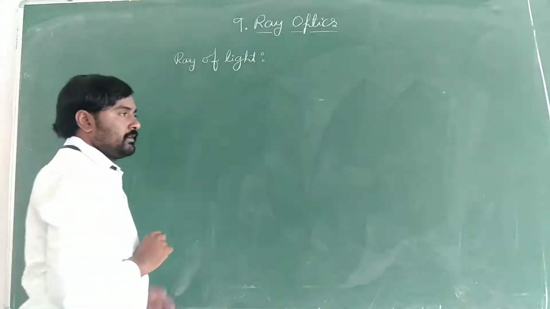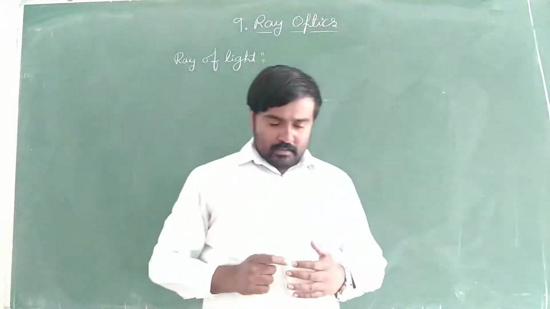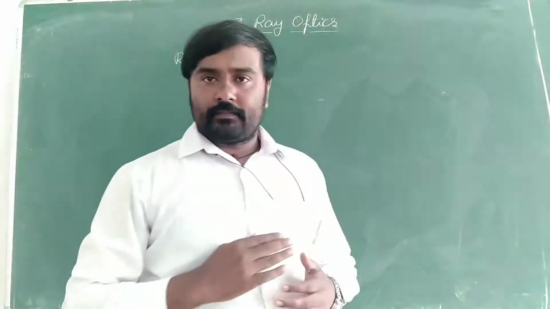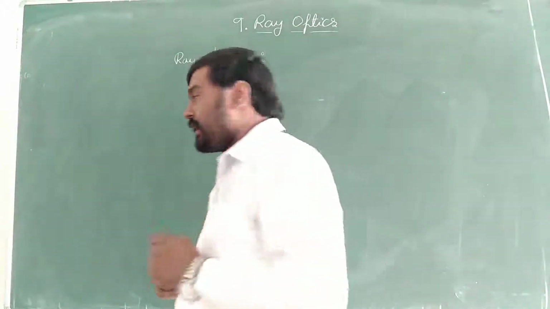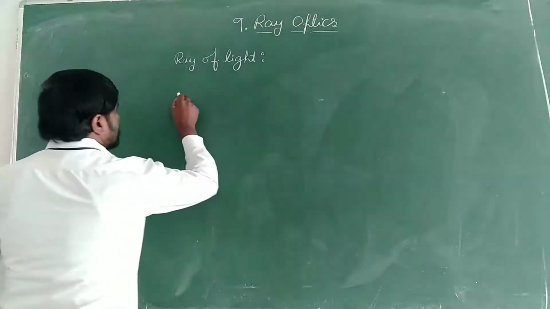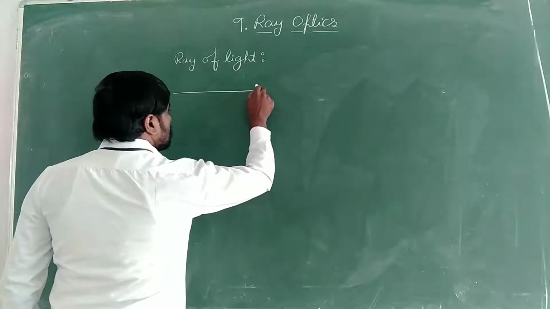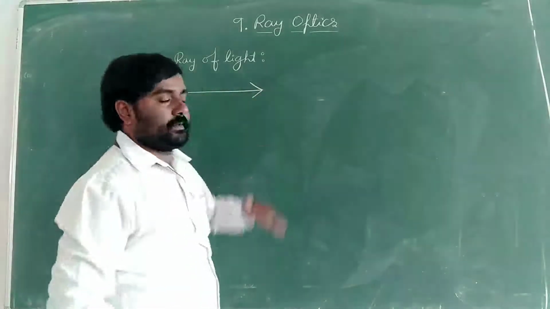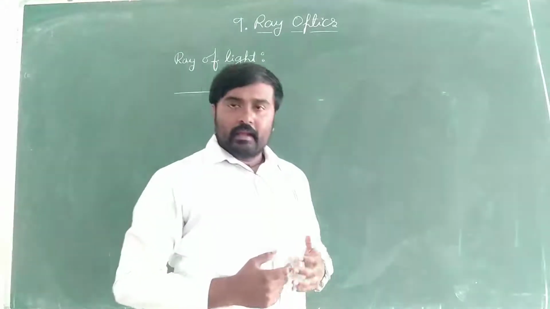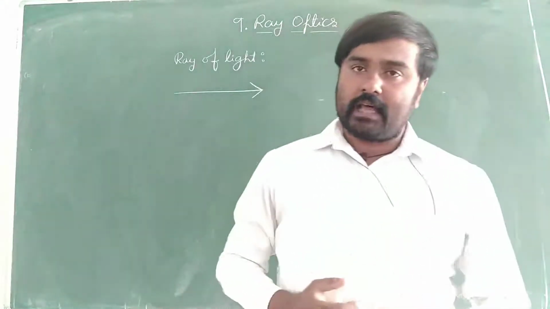A ray of light means a straight line along which light can travel. That is called a ray of light.